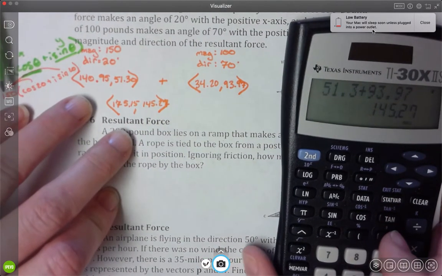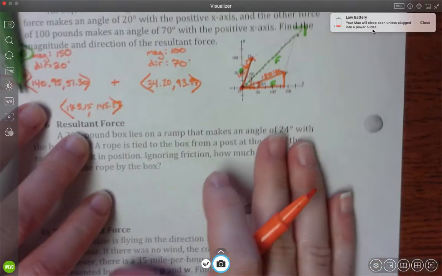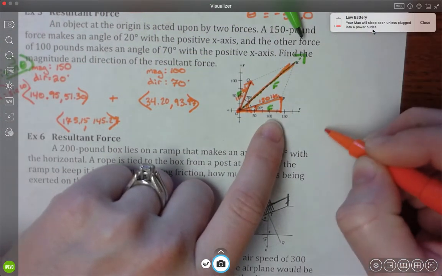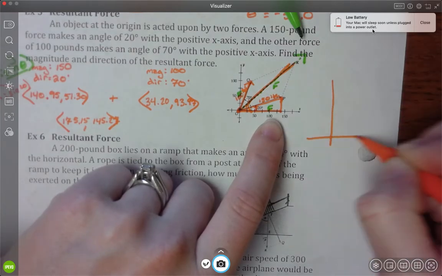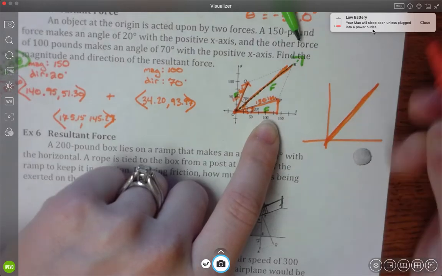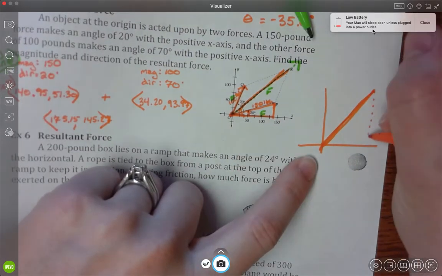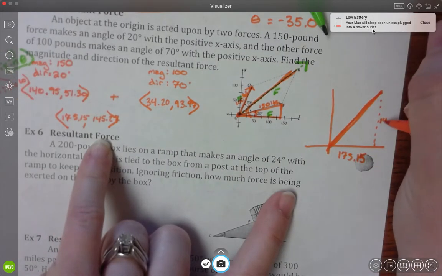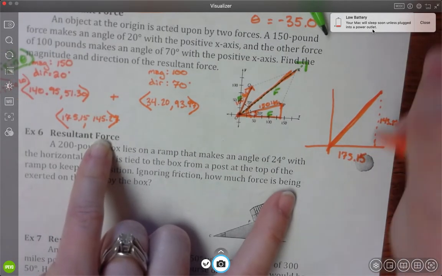Okay, so if I just think about what this long vector looks like, where he will end up is 175.15 units to the right and 145.27 units up. That's what he will look like.